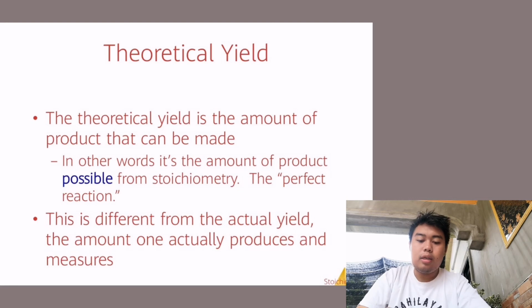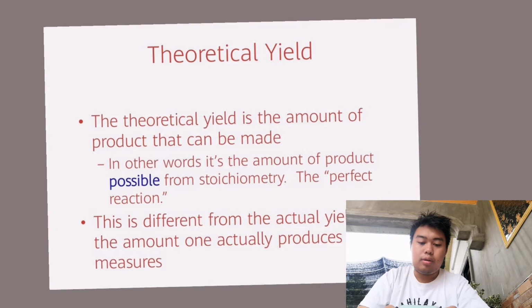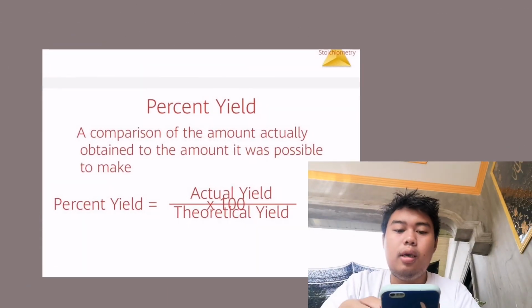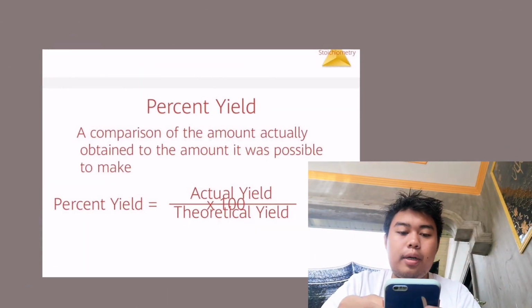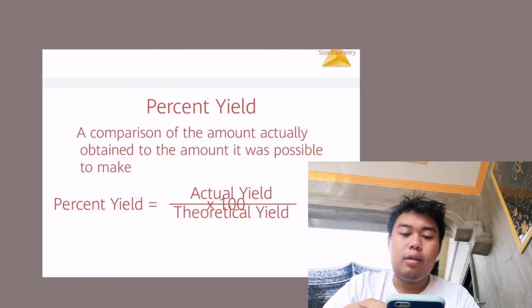In other words, it is the amount of product possible from the stoichiometry, the perfect reaction. This is different from the actual yield, the amount actually produced and measured. Percent yield. A comparison of the amount actually obtained to the amount it was possible to make. Percent yield equals actual yield divided by theoretical yield times 100.